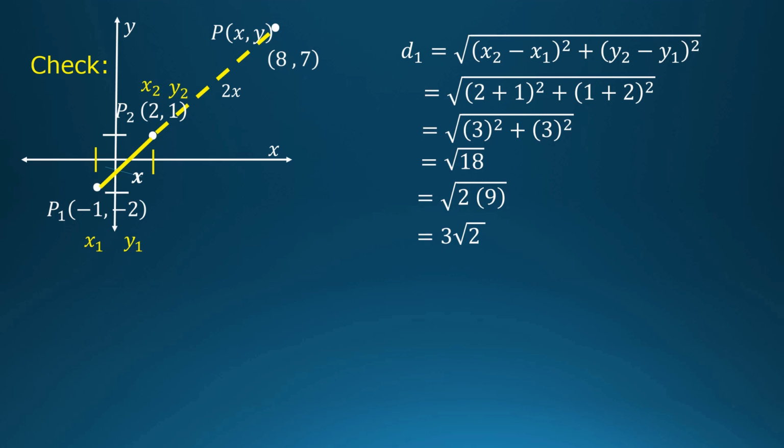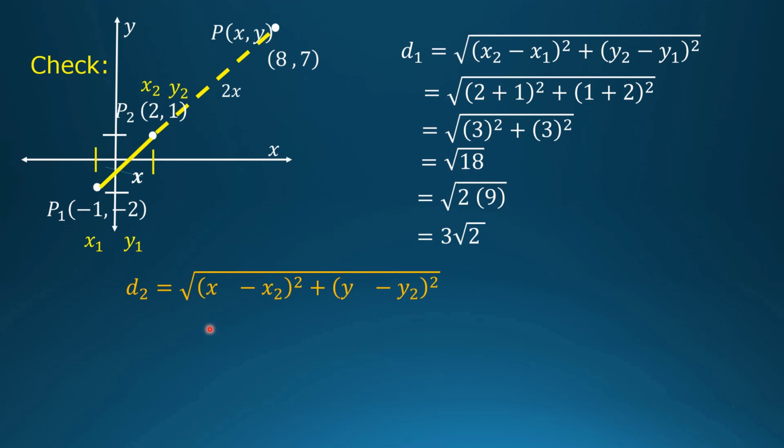Let us represent by D sub 2 the distance from P sub 2 to P. So D sub 2 is equal to the square root of the quantity x minus x sub 2 squared plus the quantity y minus y sub 2 squared.